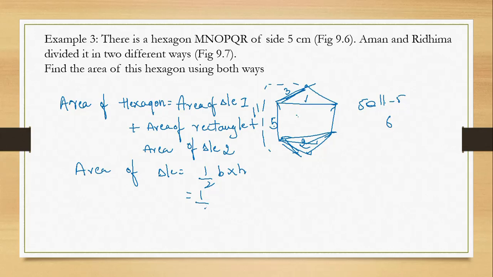So half into the base, already given in the question, that is 8. Half into 8 into 3, that is 8 threes are 24 by 2, that is 12. They have given two triangles, so we multiply it by 2. 12 twos are 24.